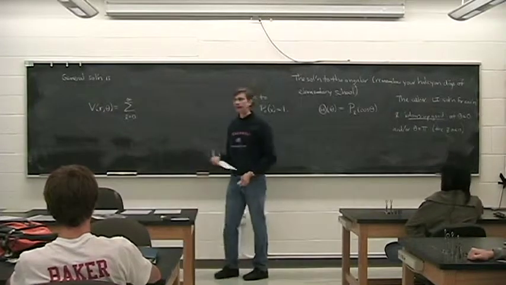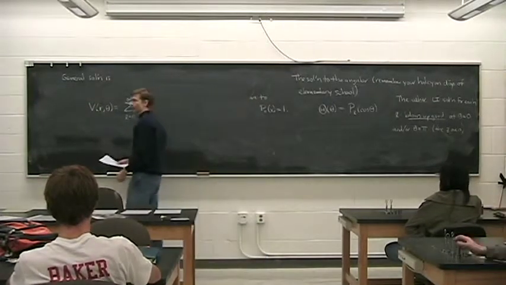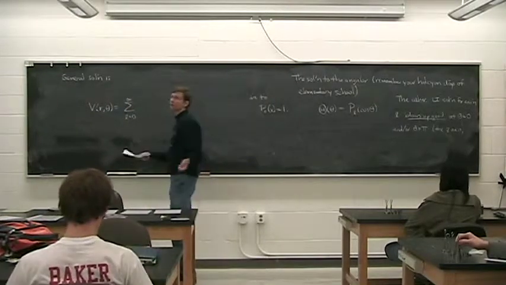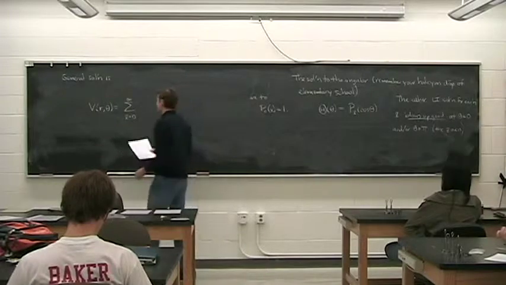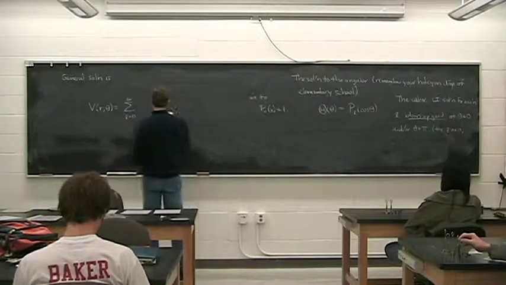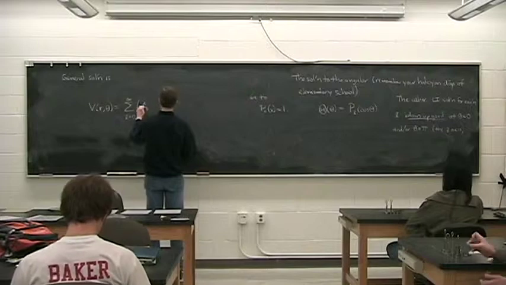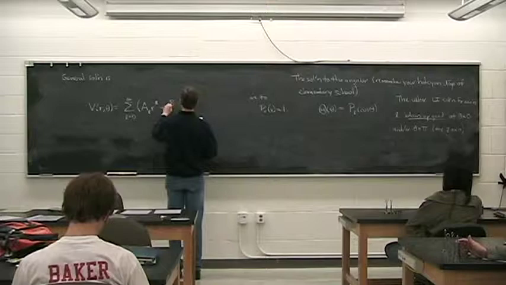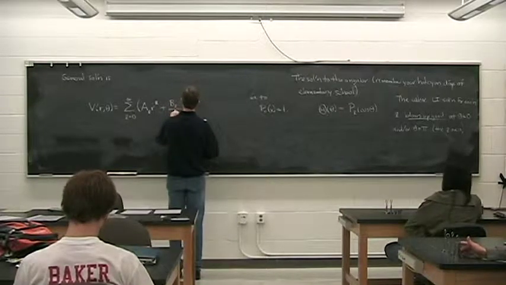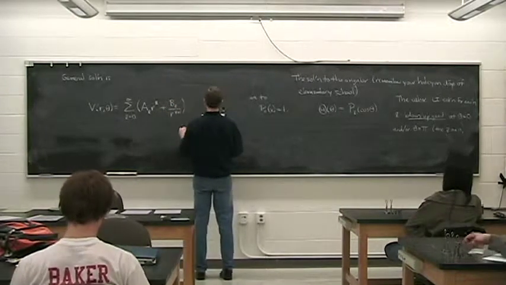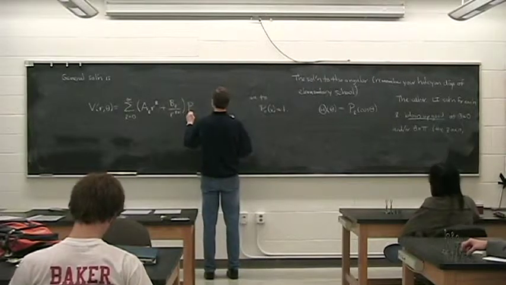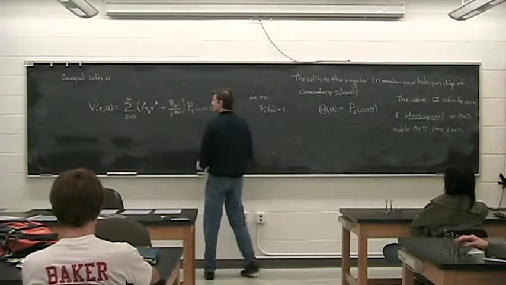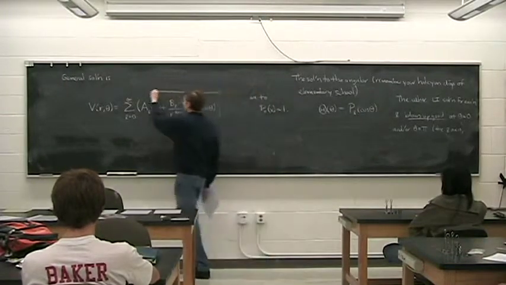L can start with 0. L(L+1) would be 0 in that case, but that's okay, it turns out. That doesn't go away, because P0 is 1, so it's not a trivial solution. The sum from L equals 0 to infinity of A sub L r to the Lth power plus B sub L over r to the L plus 1 power, times P_L of cosine theta. So this is what gets the box.